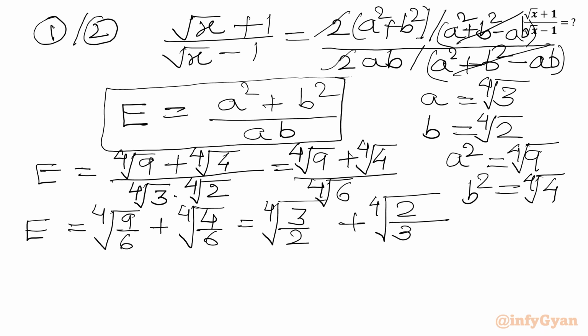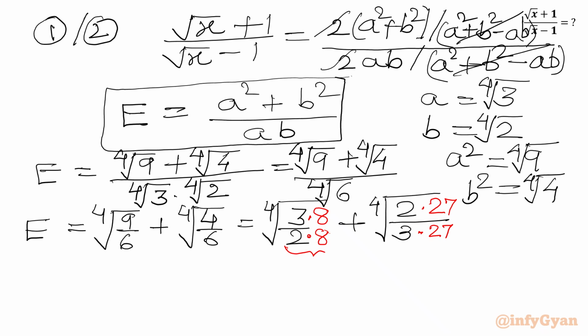Now we can rationalize our denominator. So I will multiply here with 8. So that denominator will be 16 and 4th root of 16 is 2. Here also multiply with 8. Now denominator is 4th root of 3. So we need to multiply by 27 here in the numerator also.